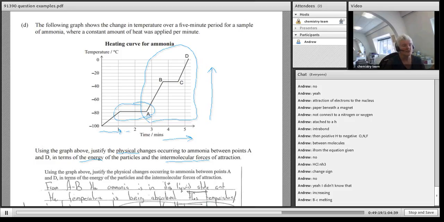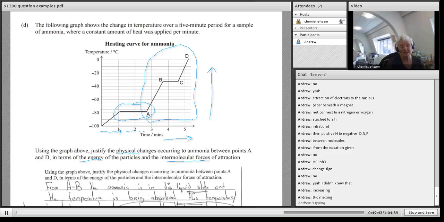And here that level of vibration is now kept constant, because all that energy is going into breaking the bonds. So when we're heating, we're adding energy, and that energy is being used to break those bonds. So that's the melting bit.